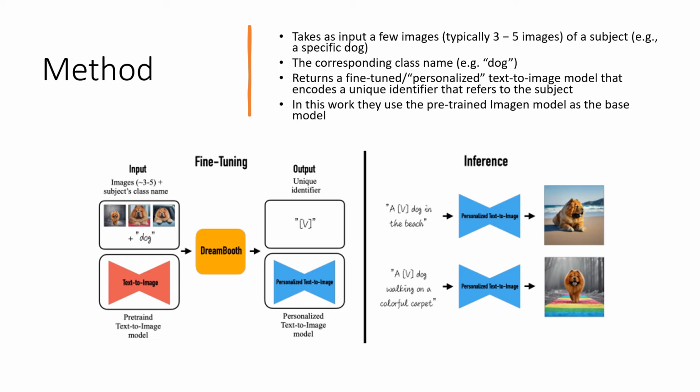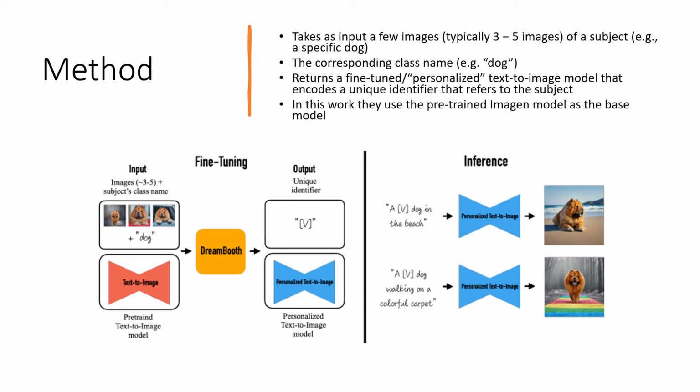In parallel, they also apply a class-specific prior preservation loss, which leverages the semantic prior that the model has on the class and encourages it to generate diverse instances belonging to the subject's class using the class name in the text prompt, such as "a dog". Secondly, they fine-tune the super resolution components with pairs of low-resolution and high-resolution images taken from their input image set, which enables them to maintain high fidelity to small details of the subject.